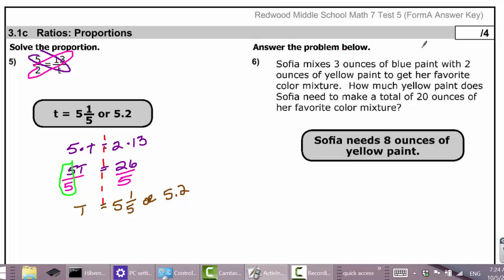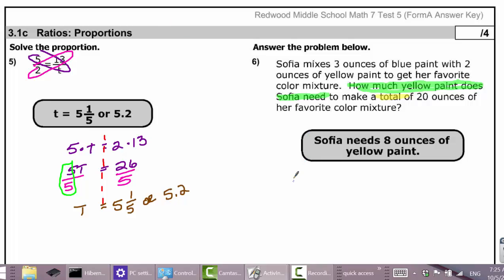Sophia mixes 3 ounces of blue paint with 2 ounces of yellow paint to get her favorite color. Let's make sure we know the question: how much yellow paint does Sophia need if she's going to make a total of 20? So this is a total problem.